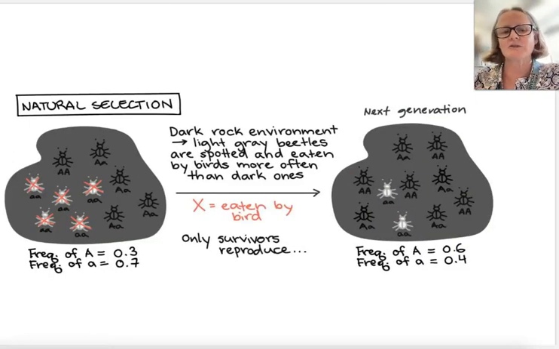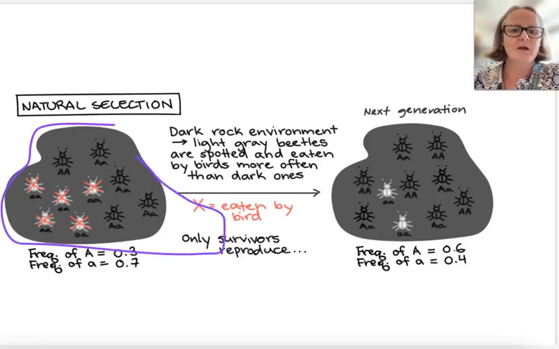And the last one is natural selection. So this is something you're very familiar with. This time it's a change in the allele frequency based on something that is responding to a selection pressure. And in this example, we've got our beetles sitting on a rock, and because the rock is dark, some of those beetles are really obvious and some of them are camouflaged. So the camouflaged little beetles get to survive. They are not eaten by the bird, and the ones that are eaten by the bird are less represented in the next generation, and their allele decreases in frequency.